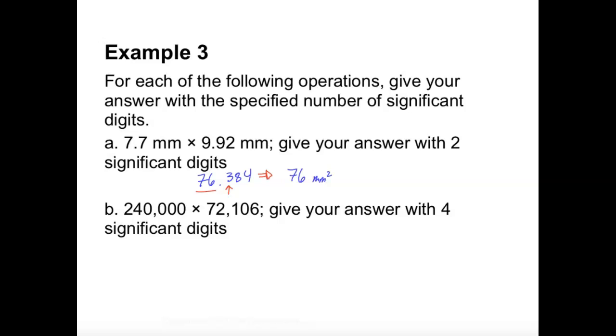240,000 times 72,106, and we want our answer with 4 significant digits. So just multiply that out in your calculator. All right, so what we end up with, your calculator should be giving you scientific notation. 1.730544 times 10 to the 10th.